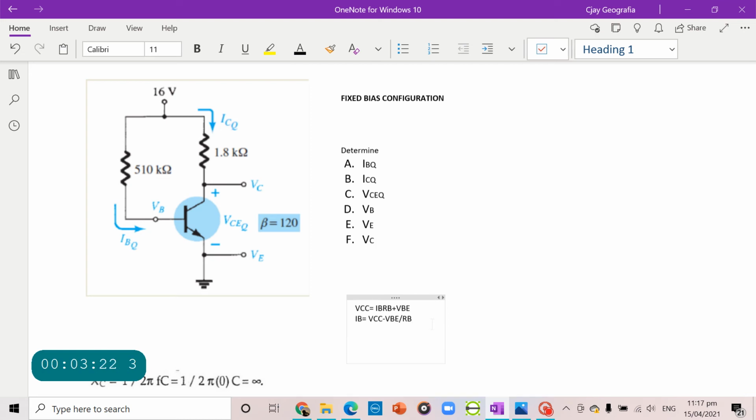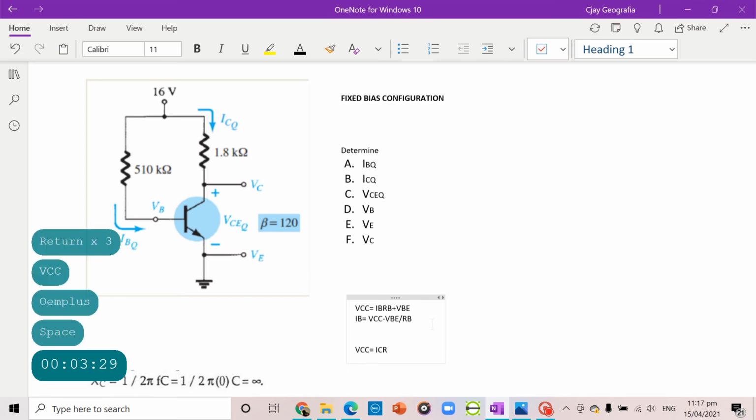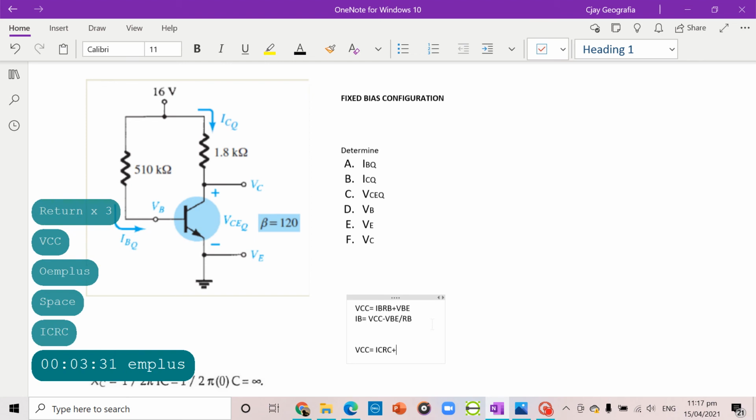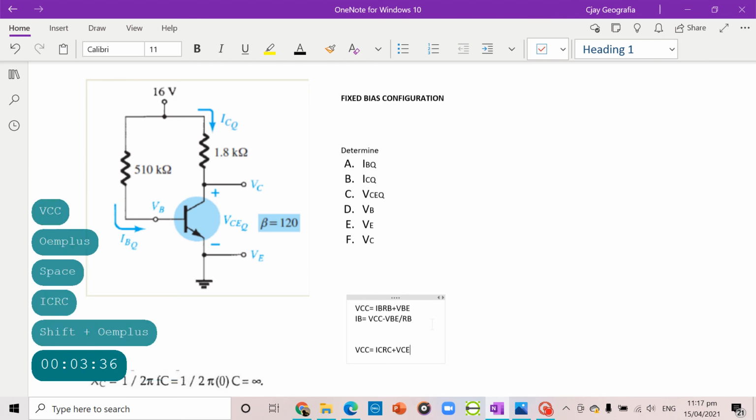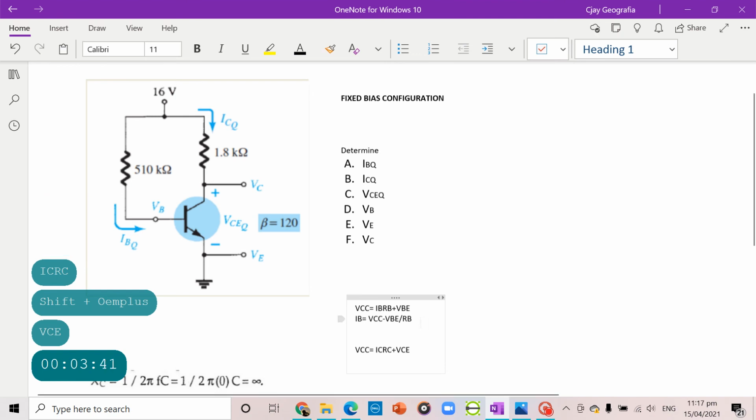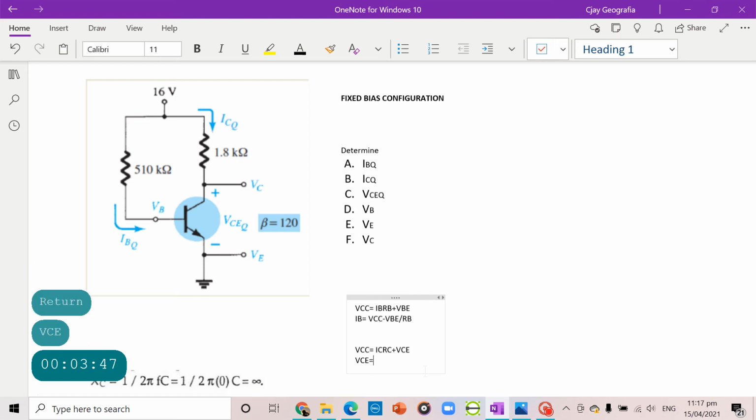Also for the collector circuit, if we use KVL, VCC is equal to IC RC plus VCE, which is therefore VCE is equal to VCC minus IC RC.